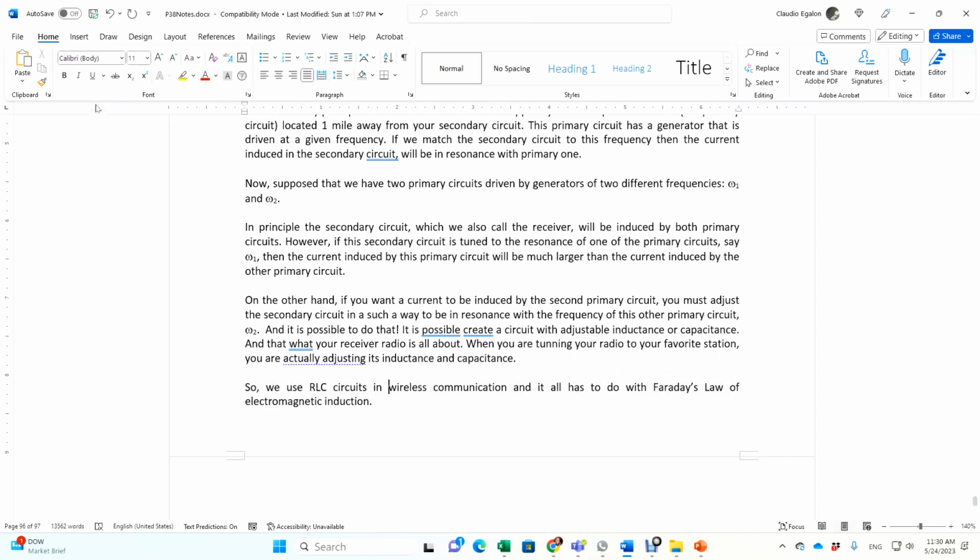Okay, so that's the idea for the RLC circuit and its practical applications.